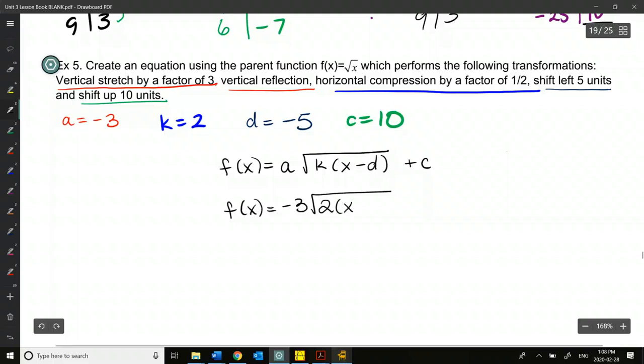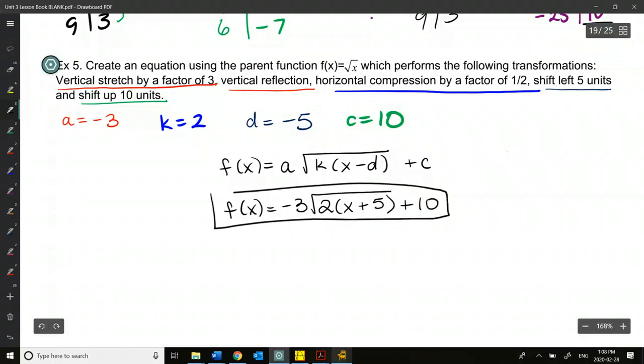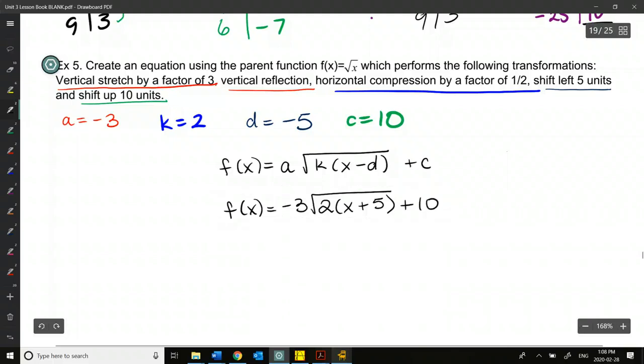And then when we plug in the d value, what's going to happen? Opposite. Yeah, so it'll be like x plus 5, right? Because when I plug in a negative into a negative, that makes positive. Okay, so plus 5 in there, and then we'll have the plus 10 on the outside of the root. So there's our equation.